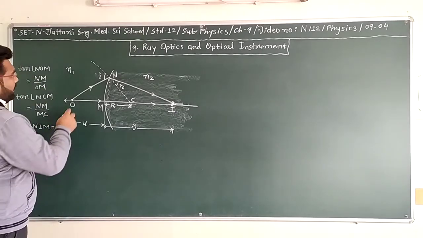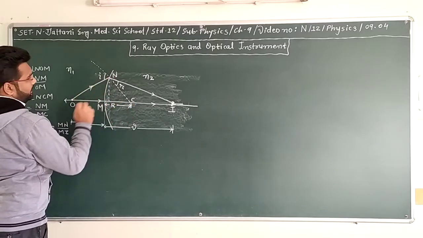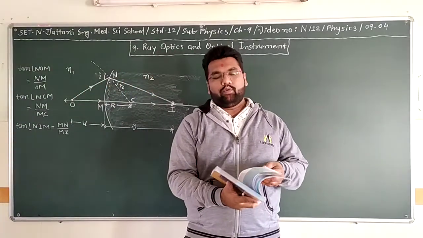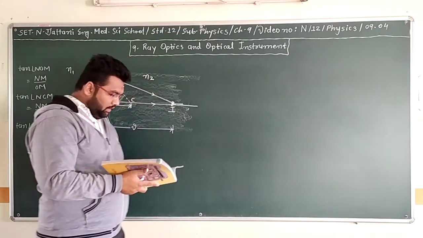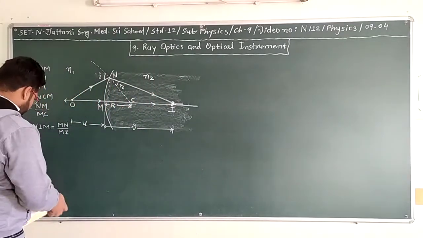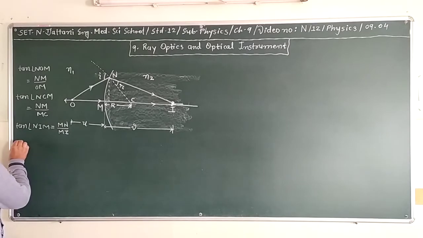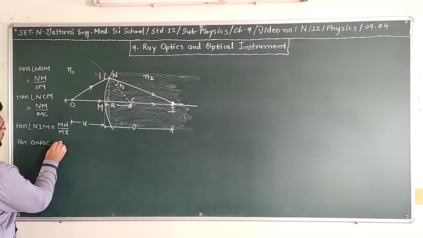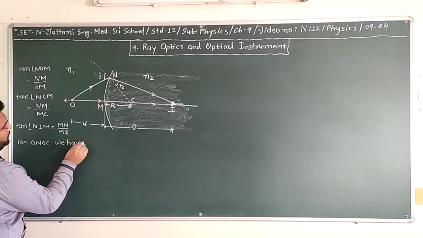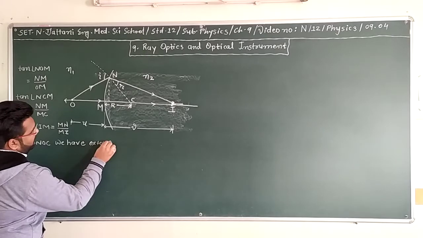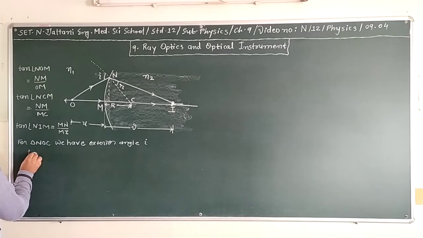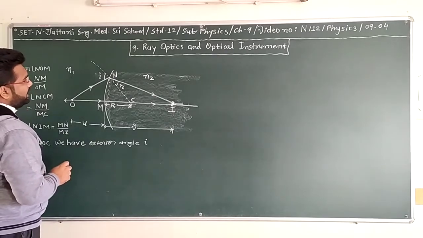Now in triangle NOC, we have the exterior angle i.